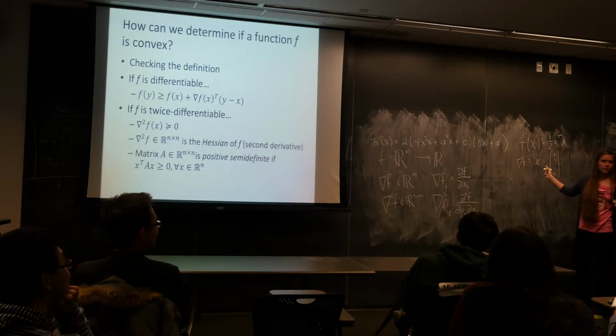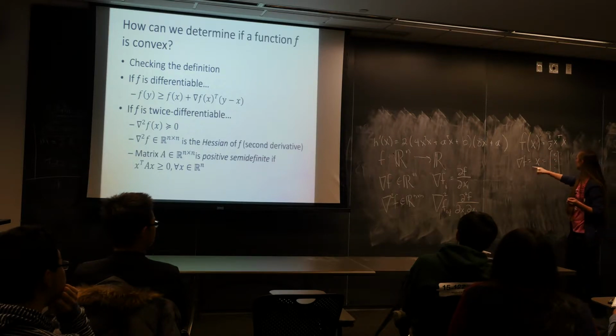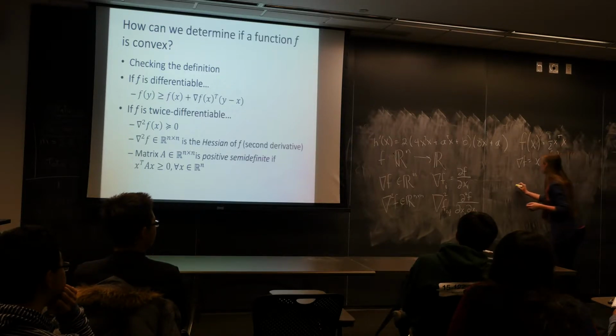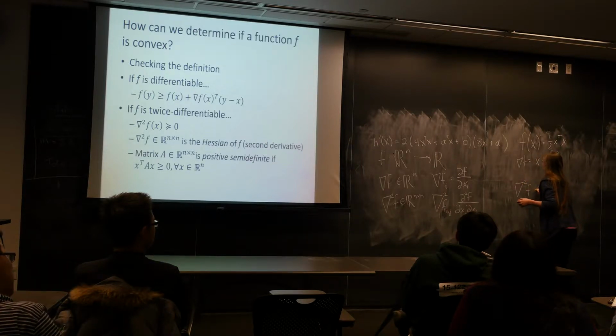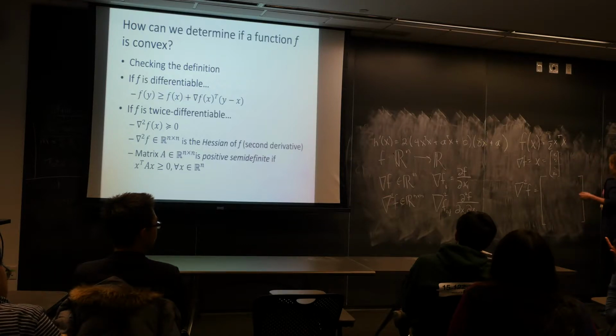Now, if we wanted to take the Hessian of f, we're going to look at each of the partial derivatives here, and then take another partial, but with respect to a different component of x. So we know that it's going to be an n by n matrix.